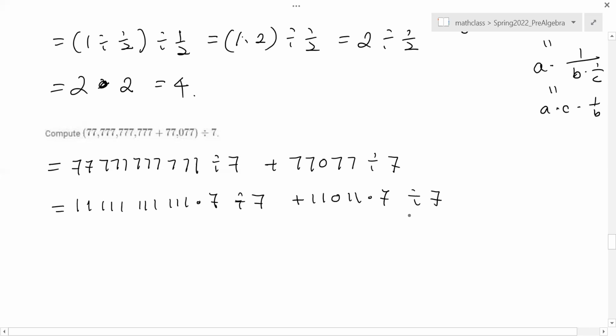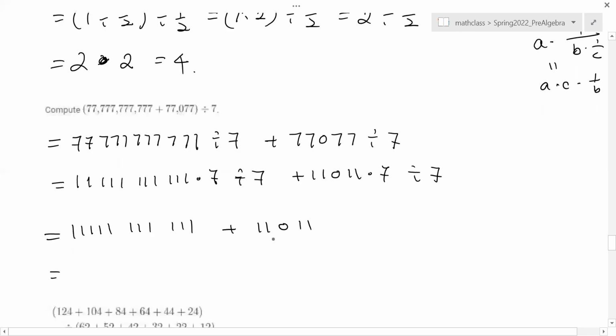The same 7 should be gone. So 7 is gone, and we have 1 1 0 1 1, and then you add them together. Be careful about this.